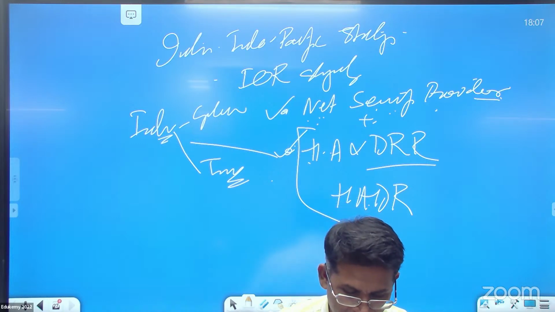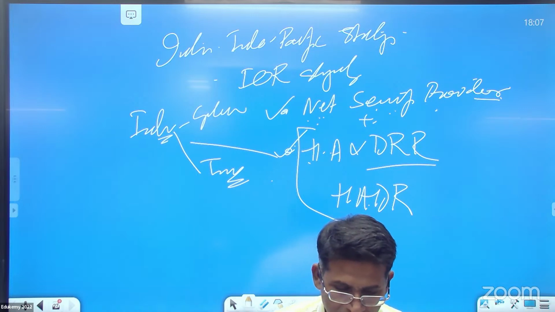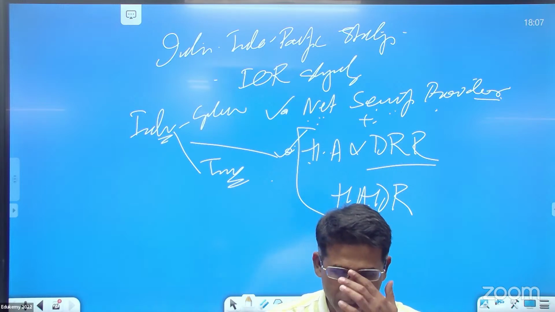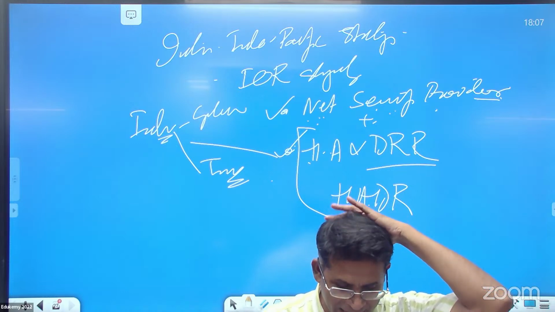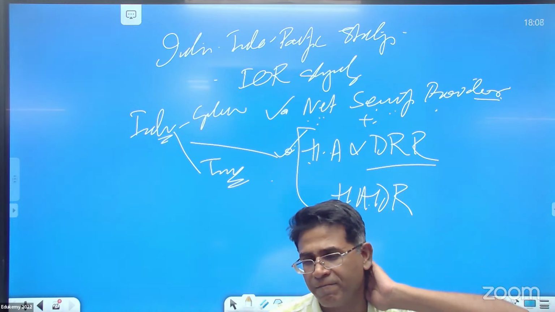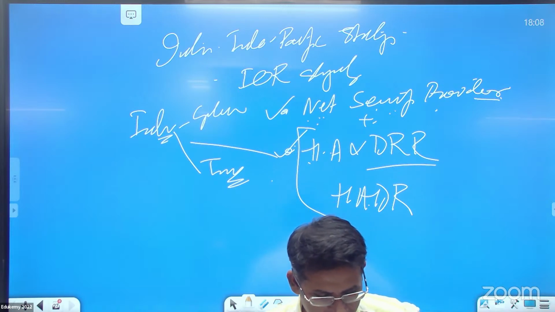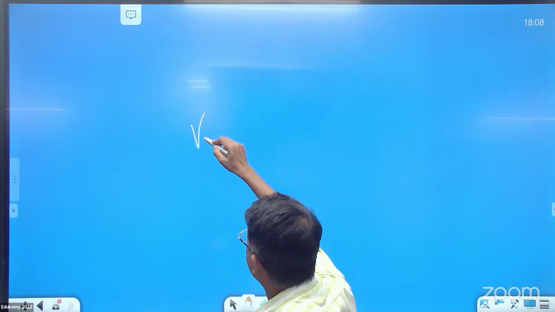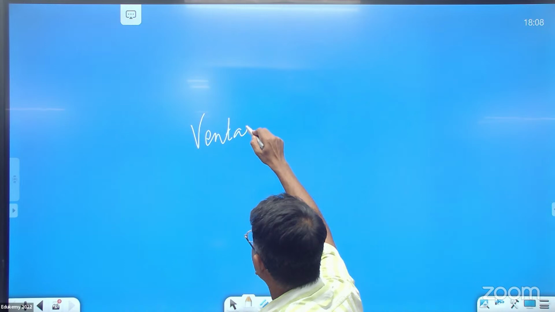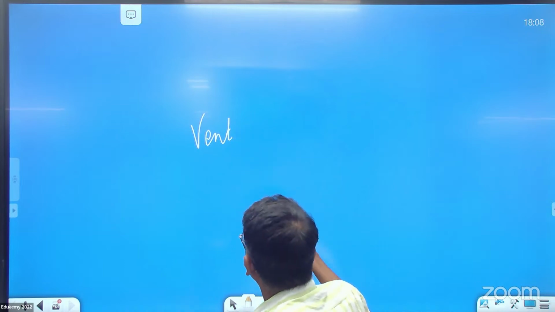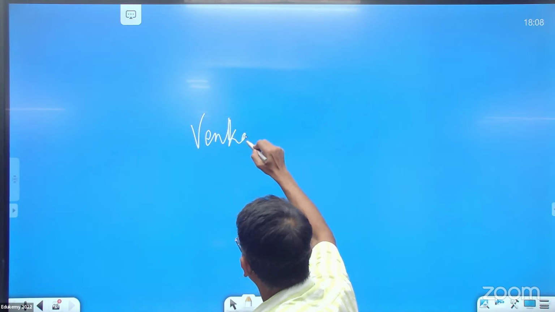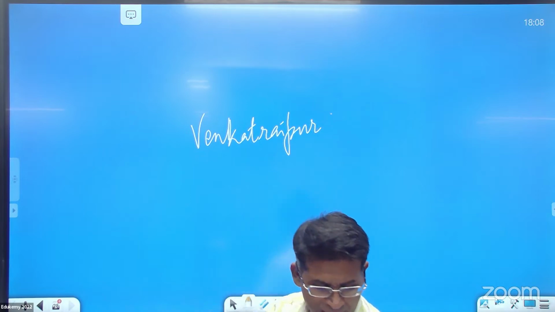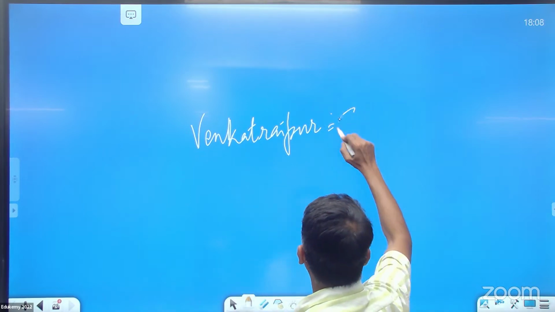And to that effect, two villages of Odisha have been designated as tsunami ready. The first is Venkat Raipur in Odisha, in the Ganjam district.